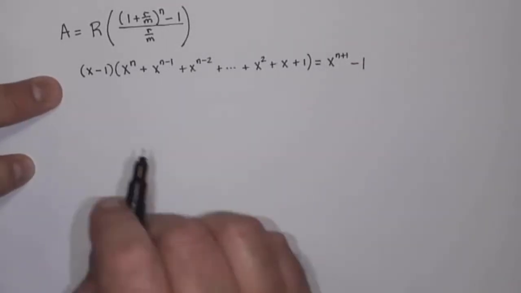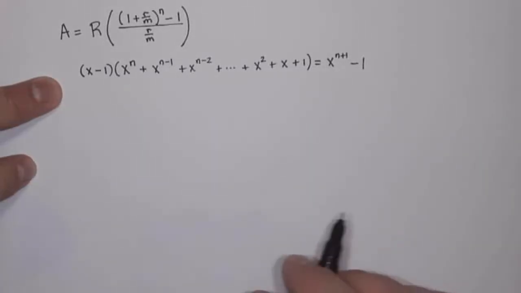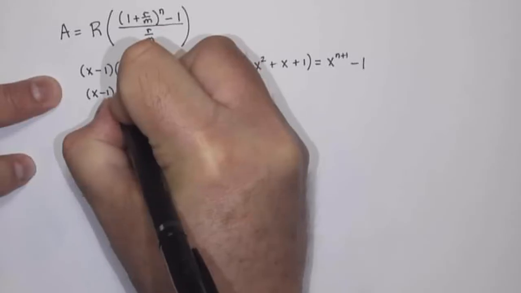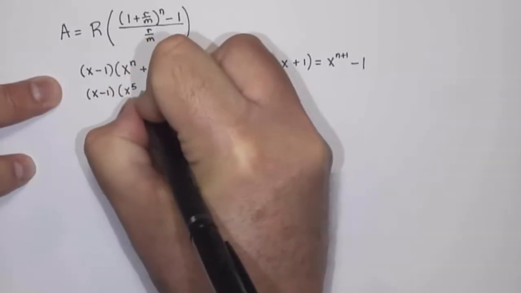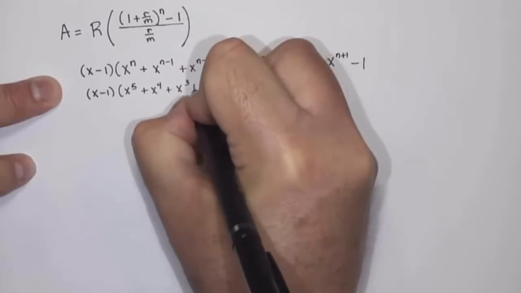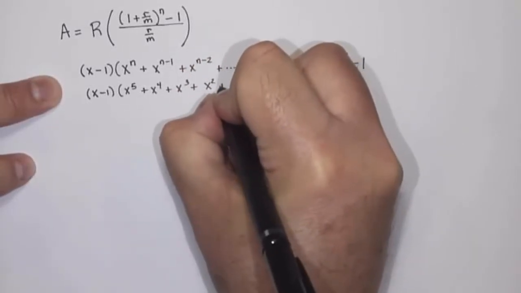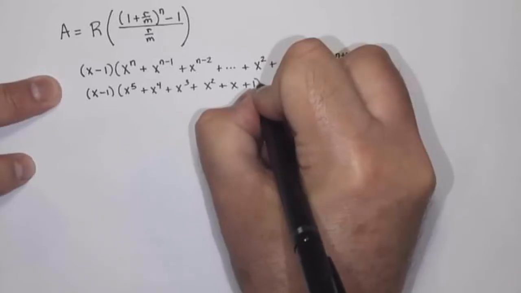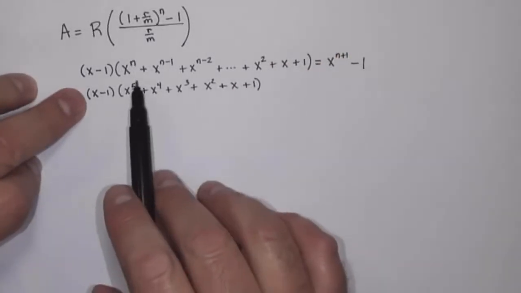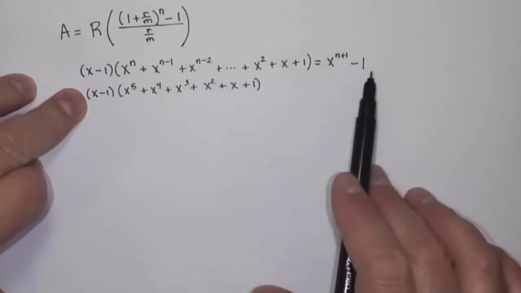Now, just to give an example of that, suppose I take x minus 1 times x to the 5th power plus x to the 4th power plus x to the 3rd power plus x squared plus x plus 1 and multiply that out. Now, that is what this is saying in general.